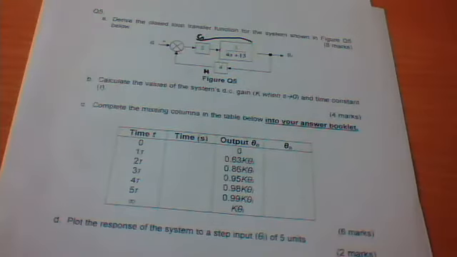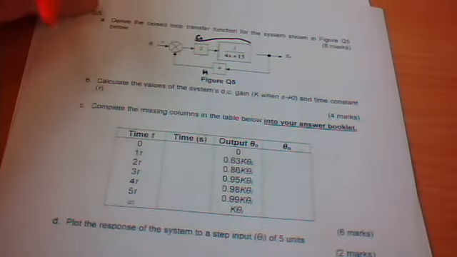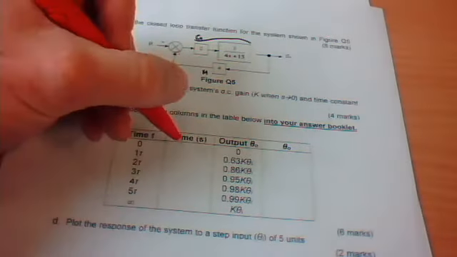Okay, let me just switch pens and I'll fill it on here. Obviously you'd answer this in your own answer book, but just to make it simple, I'll put it on here.